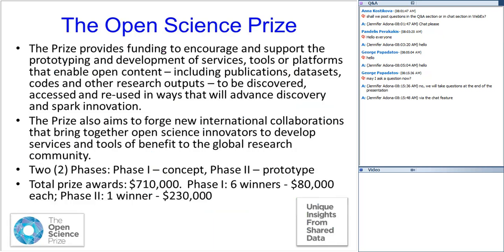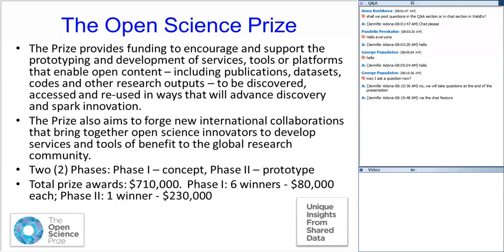And when we were developing this prize, we thought it was very important that the open content and open information not just be siloed in different national boundaries, but also extend across national boundaries. And so we are encouraging and requiring, actually, international collaborations to bring open science forward.